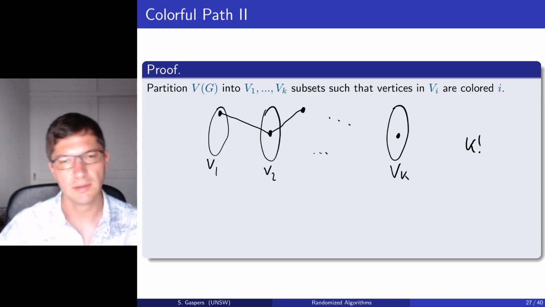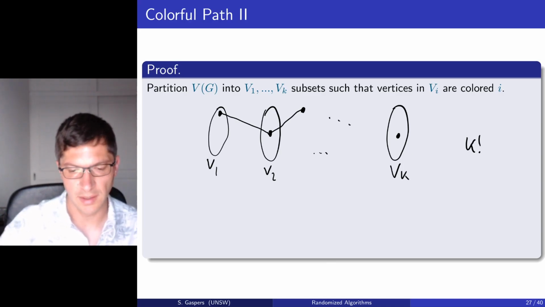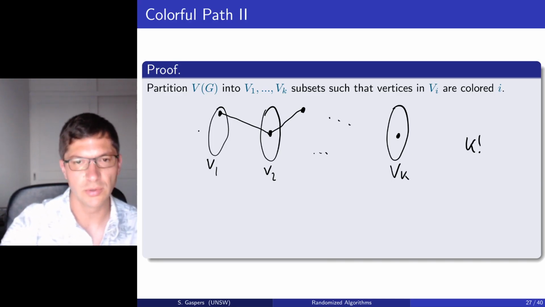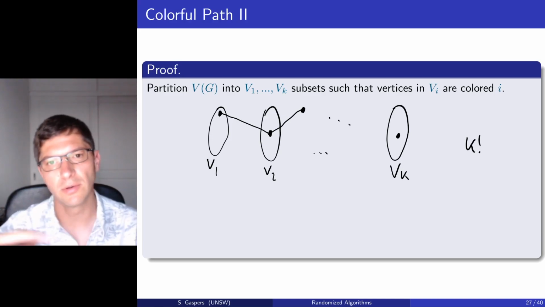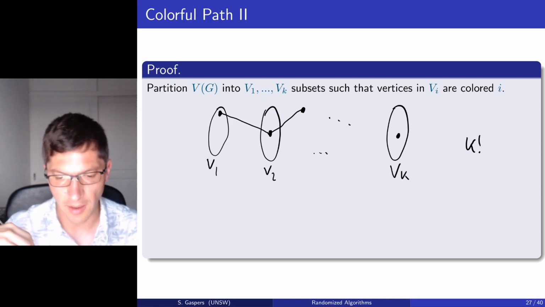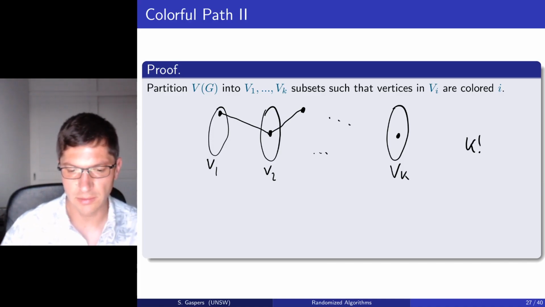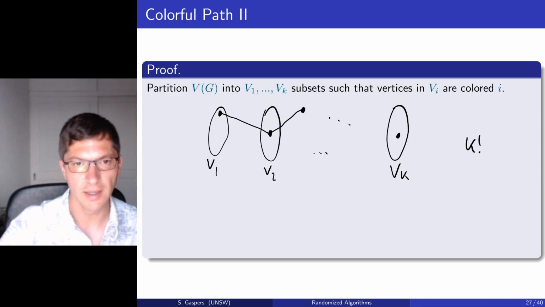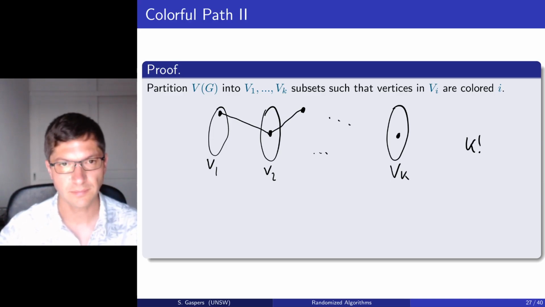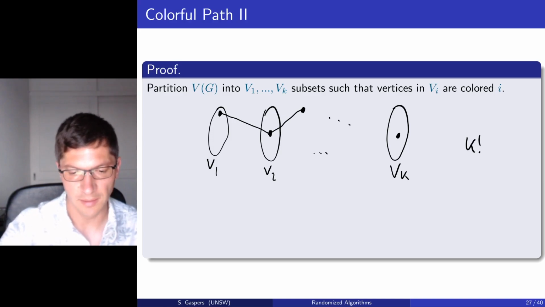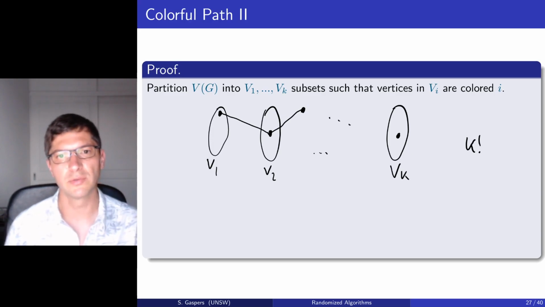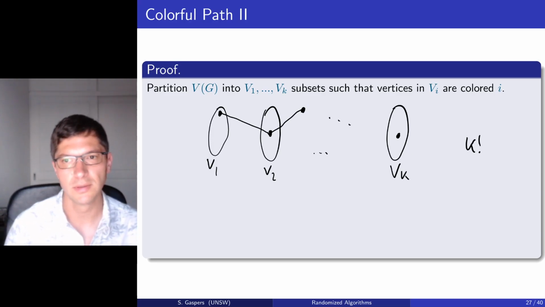So let's delete all the edges that are within a class and that don't go across two consecutive color classes. We just delete all the edges that don't work for us. Then we only need to check whether there are two vertices, one in V1 and the other in Vk, that are connected. Because if they're connected, then there exists a path that follows exactly the way we imposed by deleting those edges that we are not allowed to use.